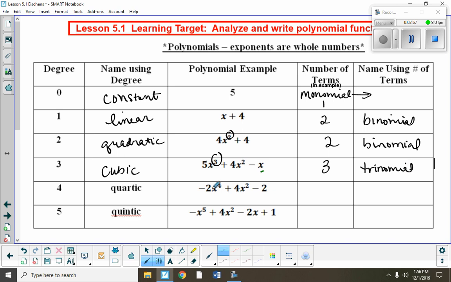Here we have another that has 3 terms, so again it's a trinomial. And notice the degree here is 4. Polynomials that are 4th degree are called quartic functions. If you have a 5th degree, it's a quintic function. This one has 3 terms, so it was a trinomial. This one has 4 terms, so we would just say it's a polynomial with 4 terms.